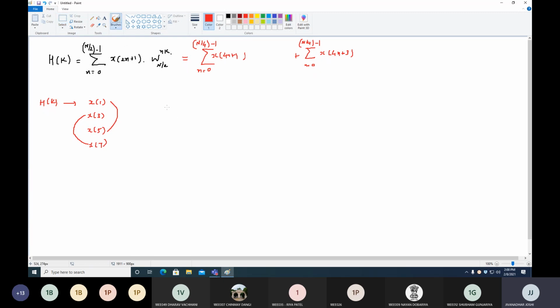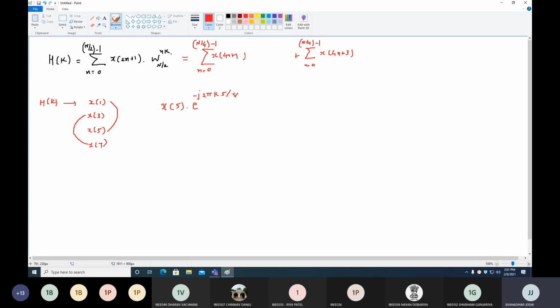So write down with me x of 5 into e raised to minus j 2 pi k n. What about the n? n is 5. Yes, n is 5, so 4n, yes, right.